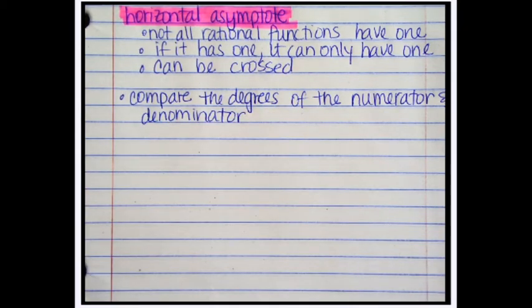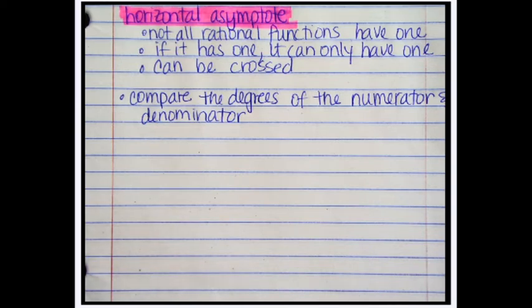And this has to do with, especially if you get into calculus, how the polynomials behave as you get larger and larger and larger. It has to do with limits. So for right now, you just memorize the rules. In calculus, if you go that far, you can learn about it a little bit more.